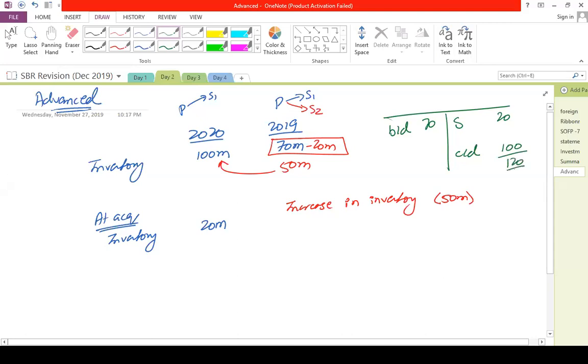So now the closing is 120 and the opening was sort of 70. So this means that there's an increase of 50 million. So we can simply make a T account. If we are acquiring a subsidiary, we simply debit that. If we are disposing of a subsidiary, we simply credit that.